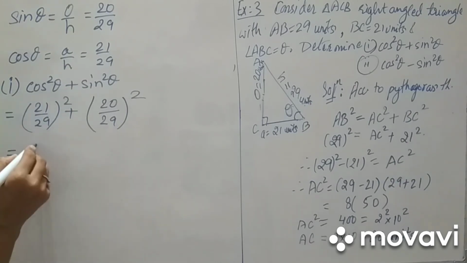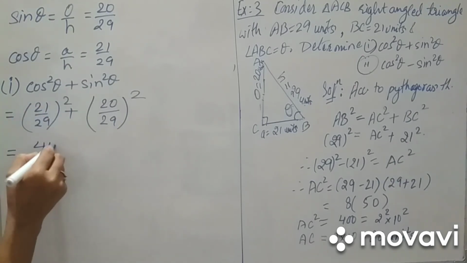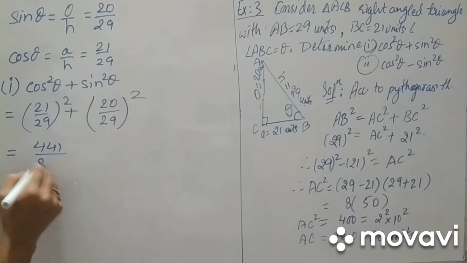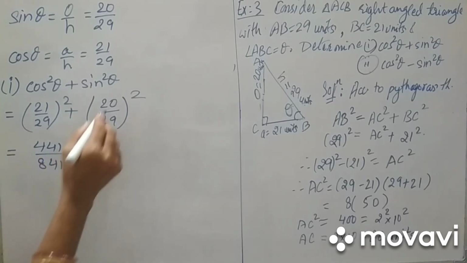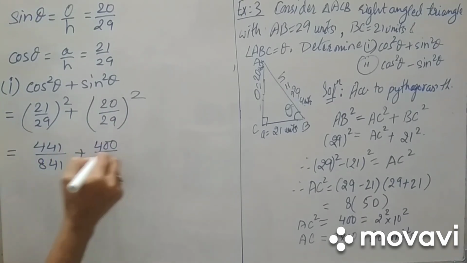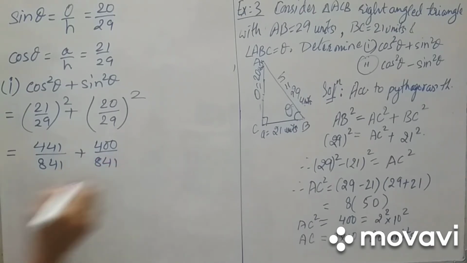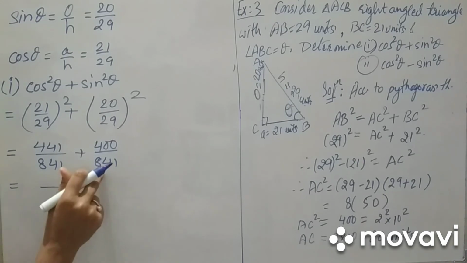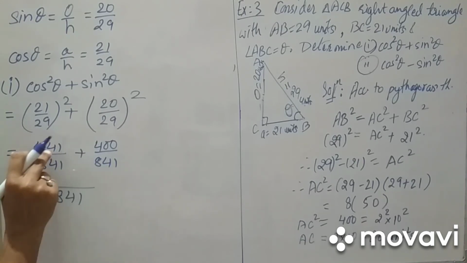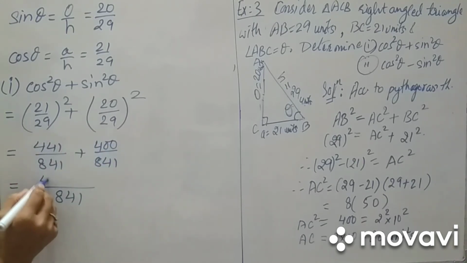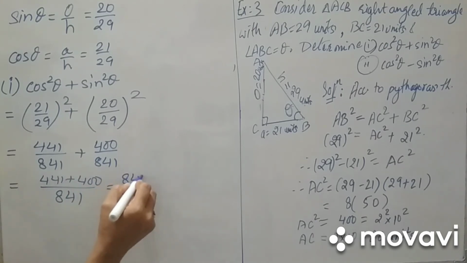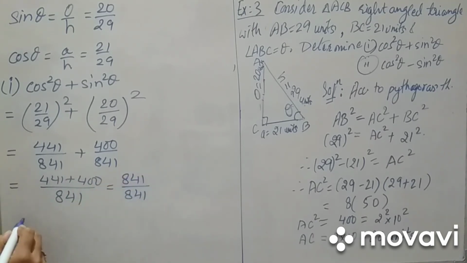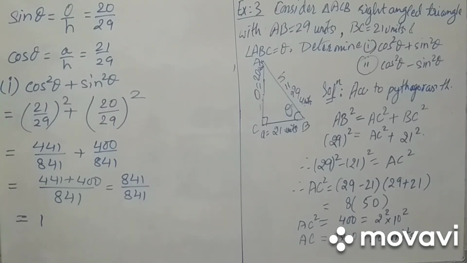Now, I am doing the squares. 21 square is 441 and 29 square is 841, plus 20 square, which we just found, is 400 upon 841. Whenever the denominators are the same, you can add the numerators directly. This will give me 841 upon 841, which is equal to 1. That is the value of the first.